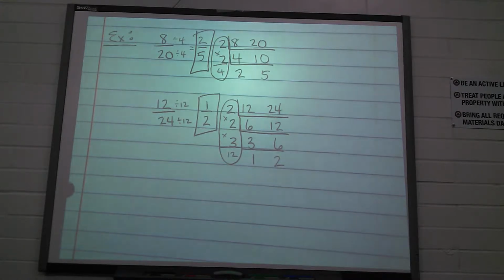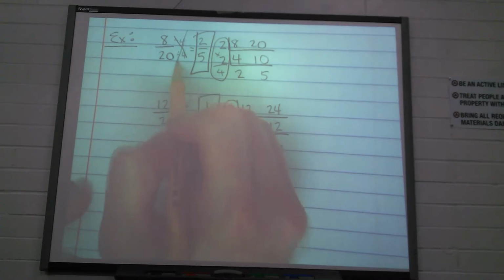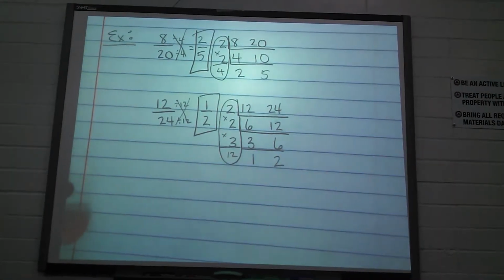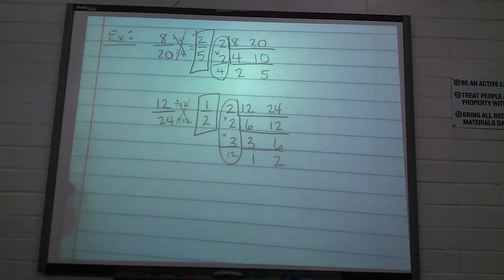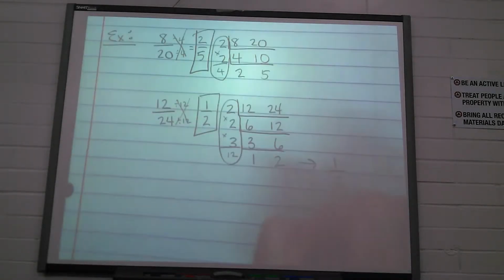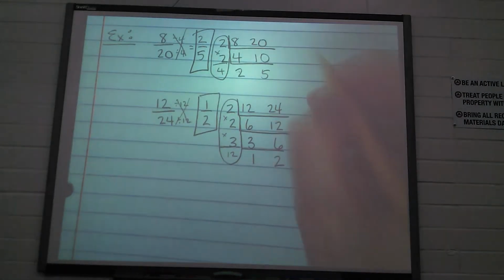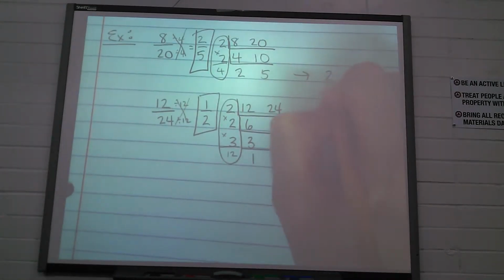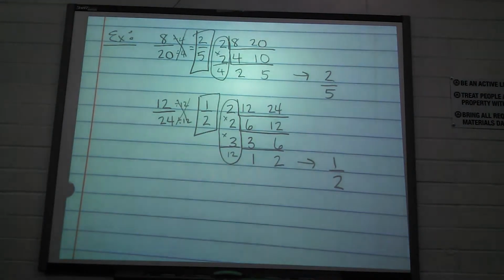Well, we can actually eliminate this whole step right here if we do our division ladder correctly, because the numbers that we're left with on the bottom are going to give you your fraction in lowest terms. So we know right away the answer is 1/2. So this is our answer. And if we look at our previous example, 2/5 is what we were left with, so that is our answer.